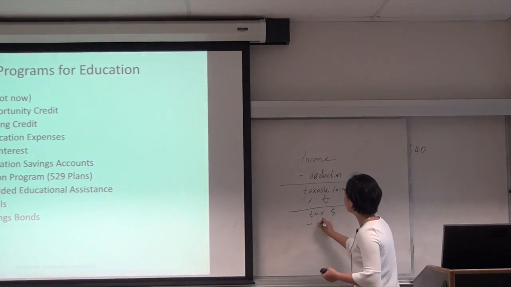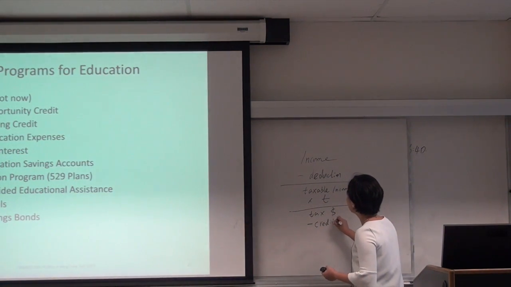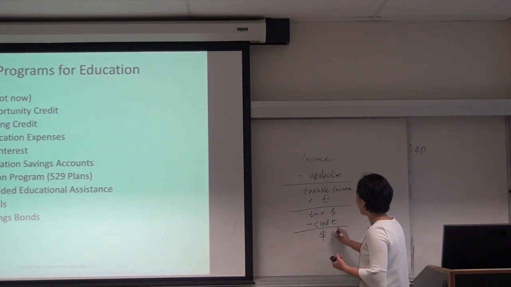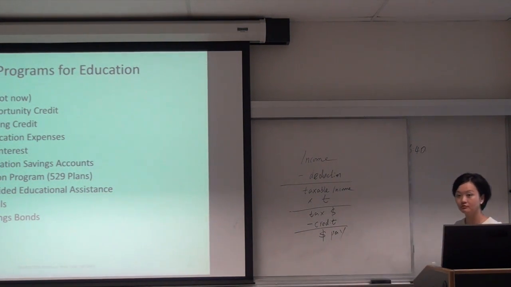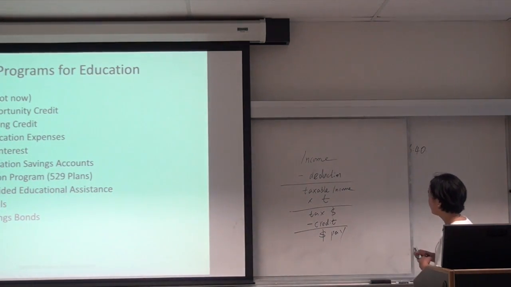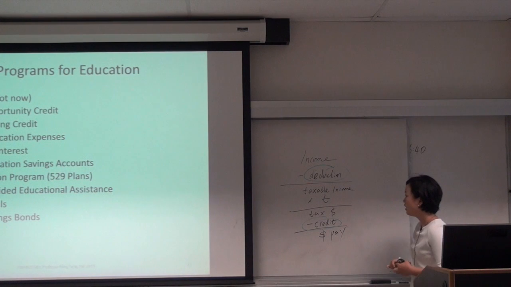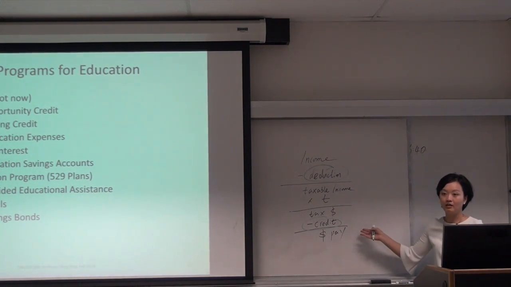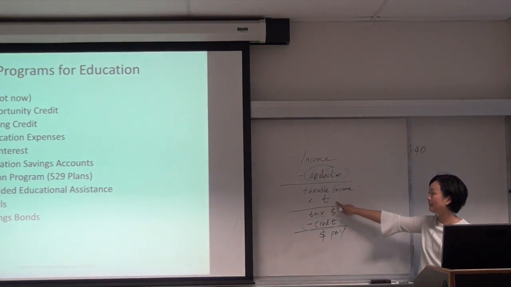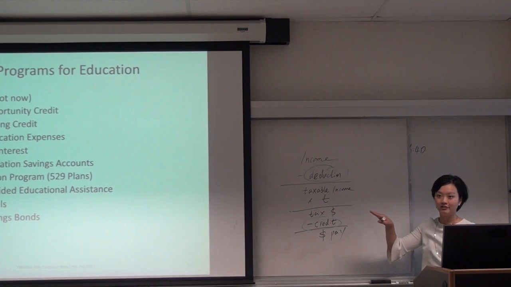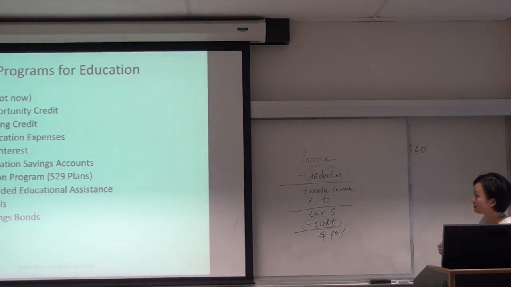And then you get the credit, and that's the final amount you're going to pay. So this is deduction. This is credit. So credit, $1 is just $1. You got $1, you save $1. Deduction, you need to time that by the tax rate, so it's not $1 for $1. So that's the difference.